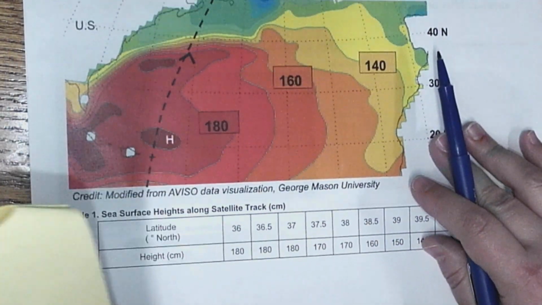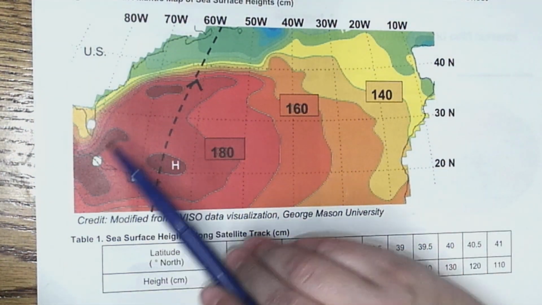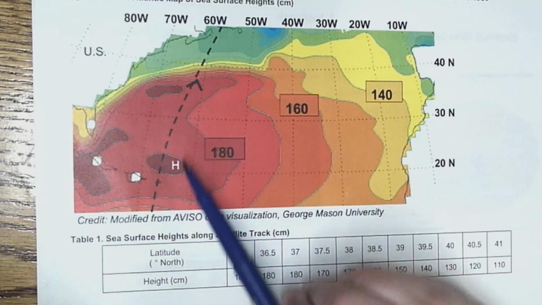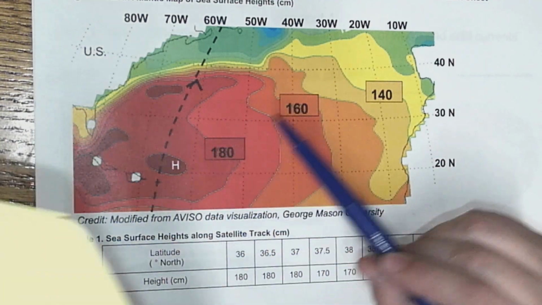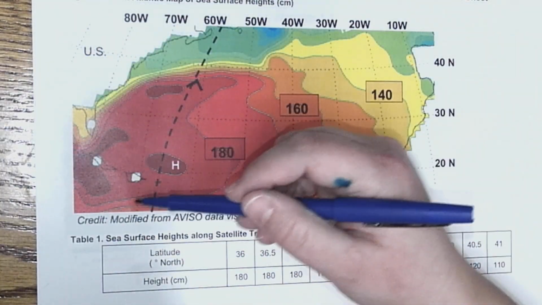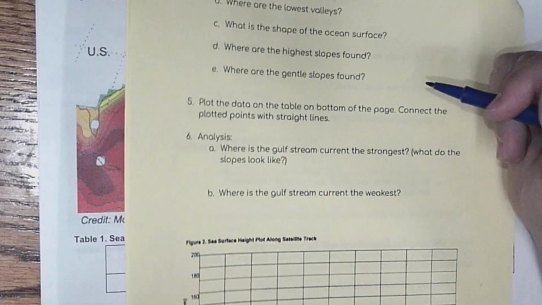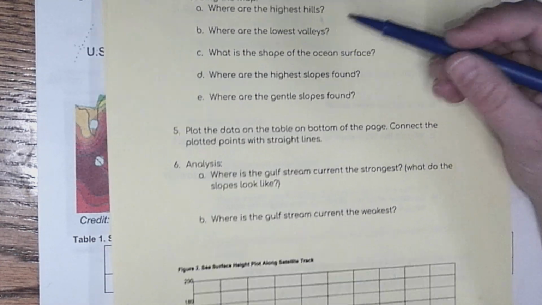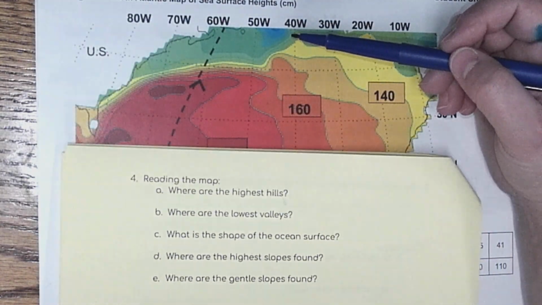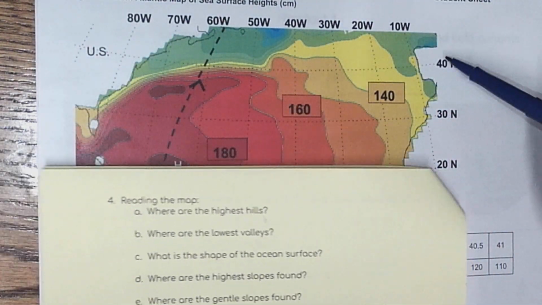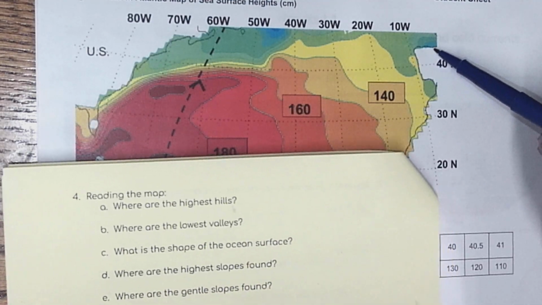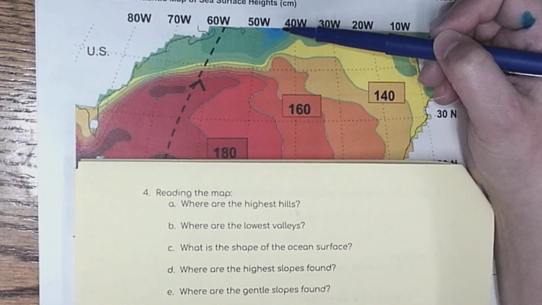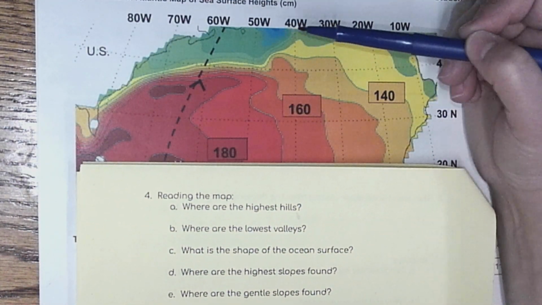Well, if I look at my map here, they're in the bottom left of my paper here. So you can just put bottom left, or you can say southwest corner, something like that. The lowest valleys, okay, so this one, you're going to see that there's one up in the top right, so the northeast, or the top middle, so the north.